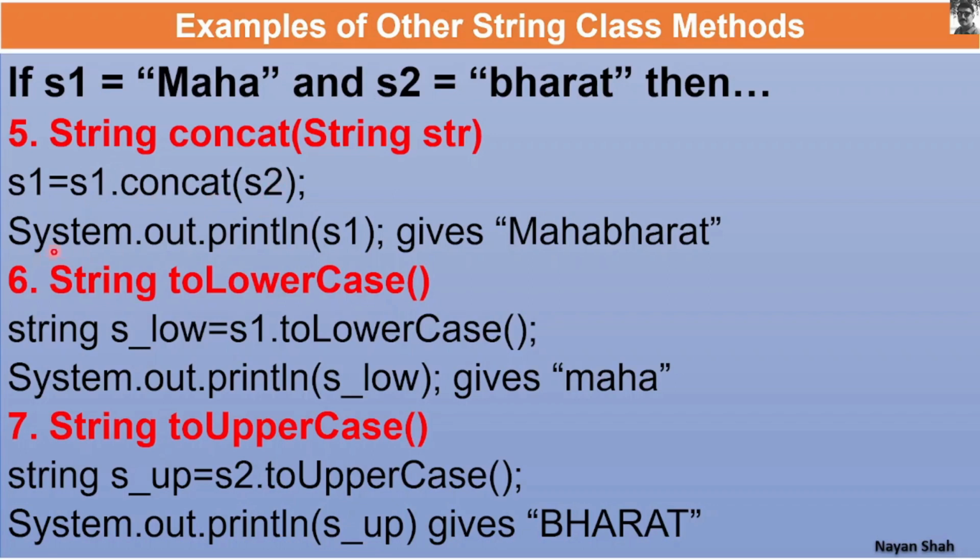If you print it with System.out.println(s1), it will give you Mahabharat, because s1 is joined with s2. If you write it the other way around, s2.concat(s1), you will get BharatMaha. So you should know how strings are getting connected to each other. Here we say that with the s1 string we concat s2.